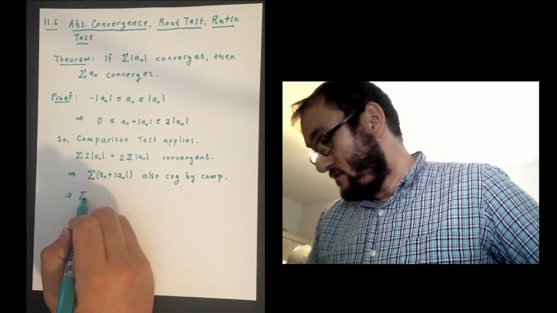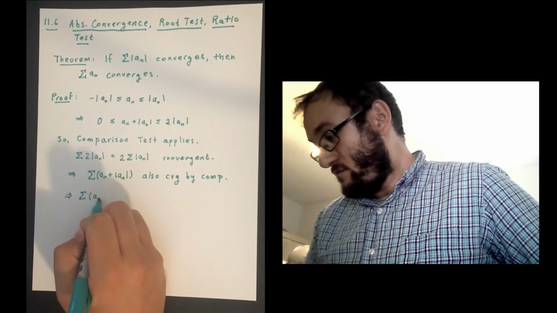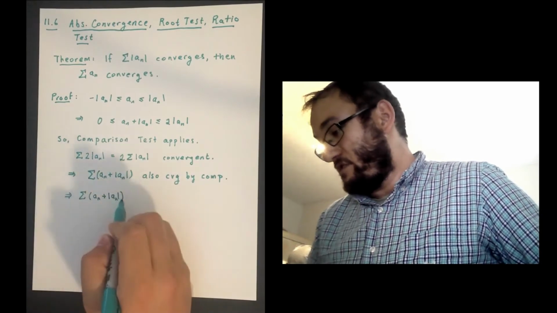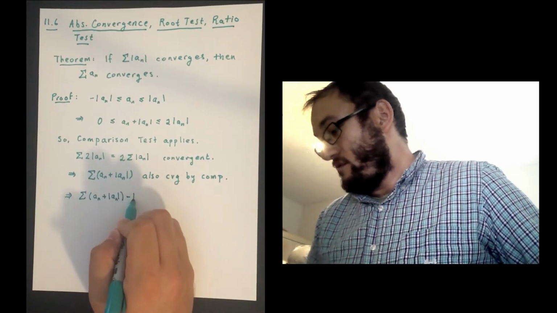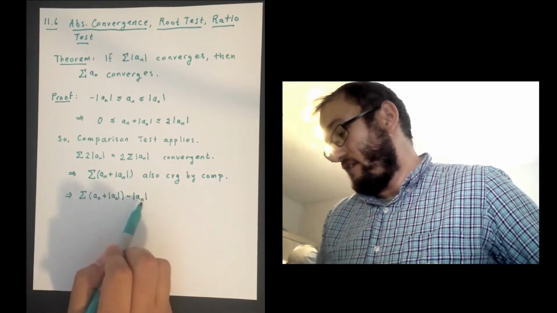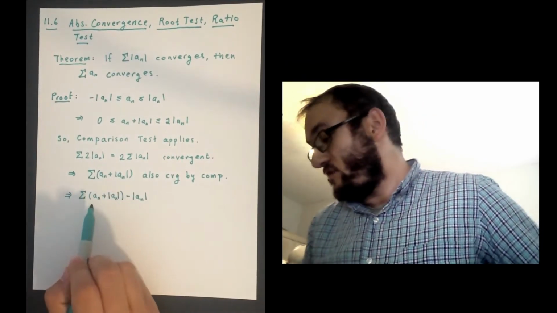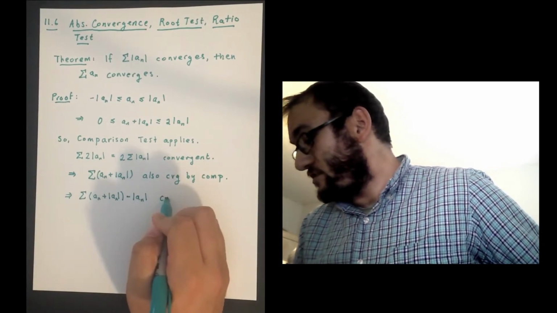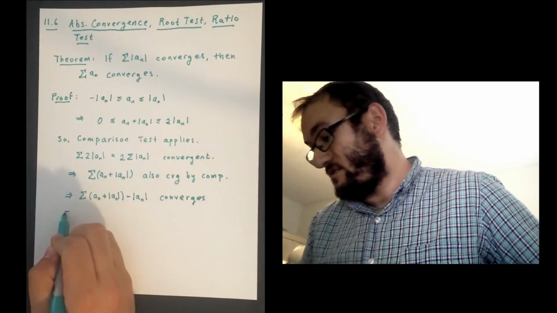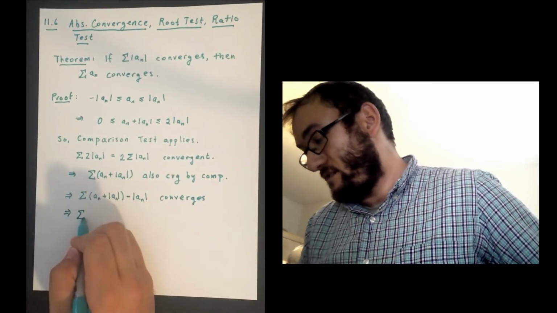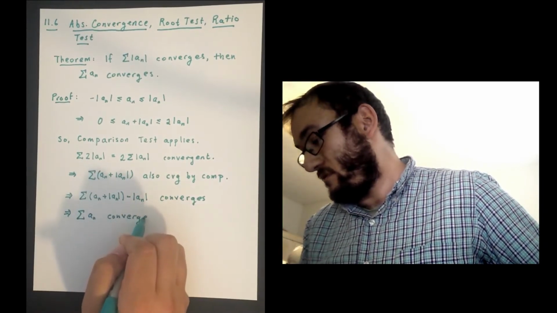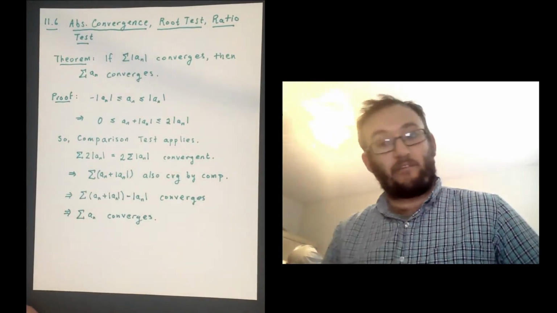So I know this is a convergent series, and I know that the series with absolute value of a_n as its term is also a convergent series, so this must converge. But this is just the series a_n. Okay, so that proves this theorem.